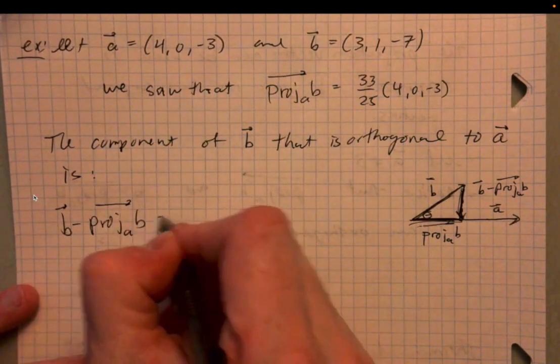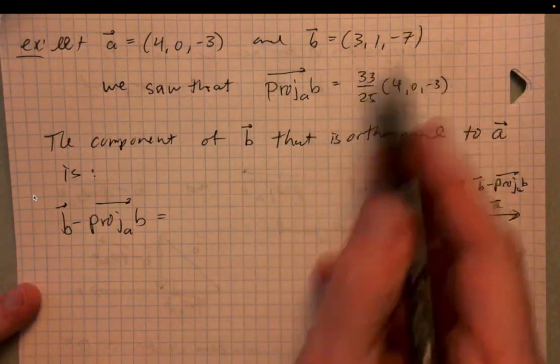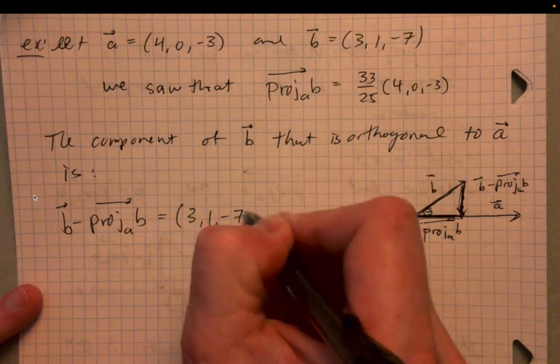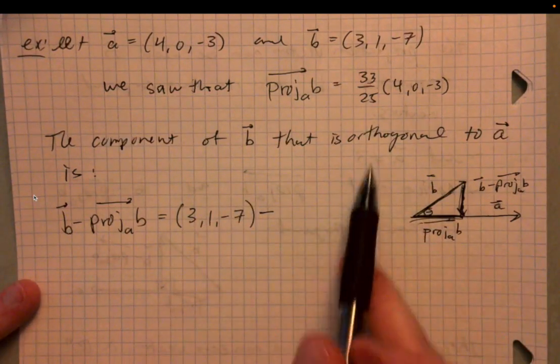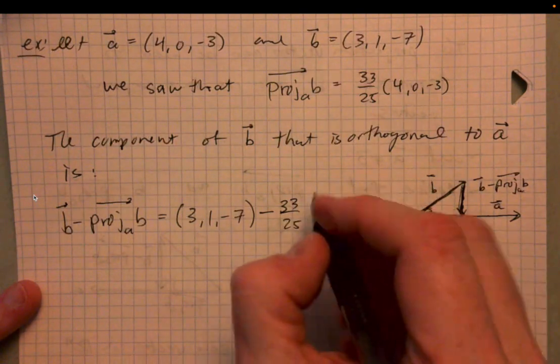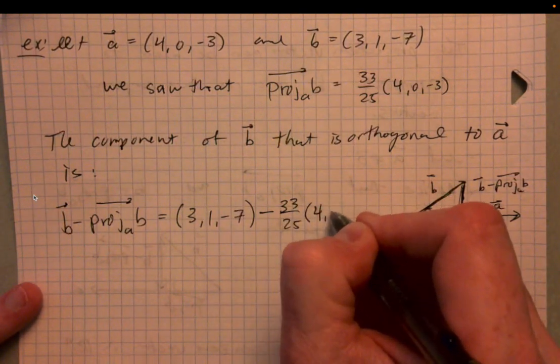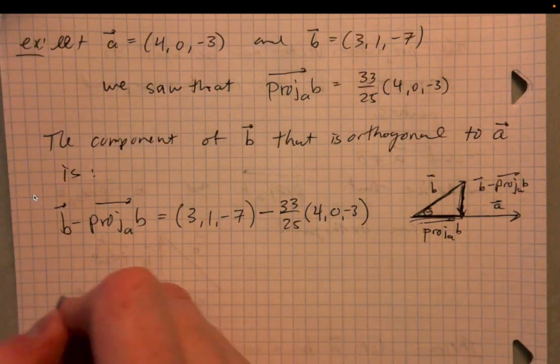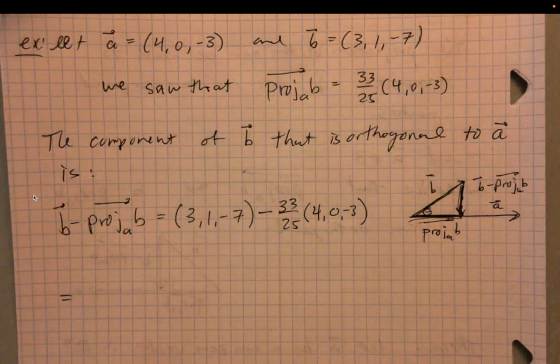Okay, and so we can calculate that vector specifically in this case because we're given a real vector. So 3, 1, negative 7 minus this guy, 33 over 25 times 4, 0, negative 3. When we subtract vectors like this, we just need to deal with the components.